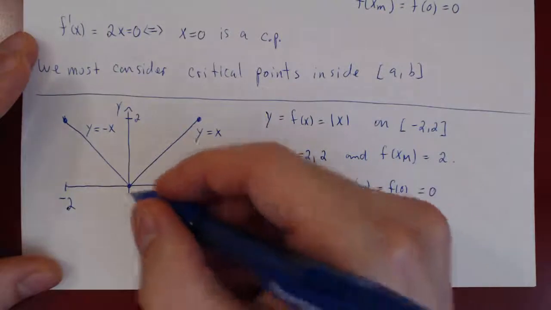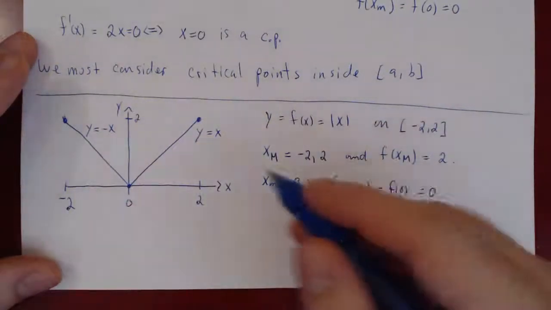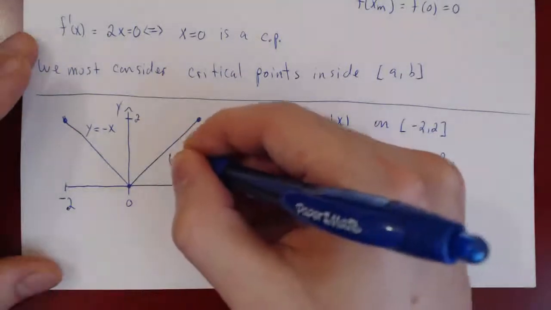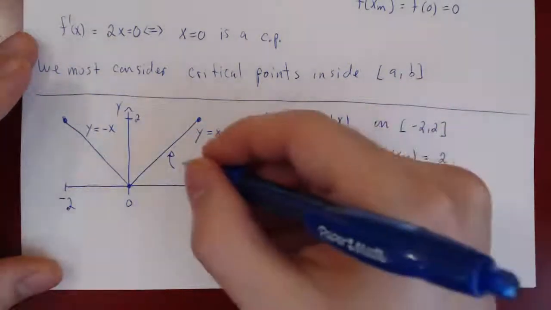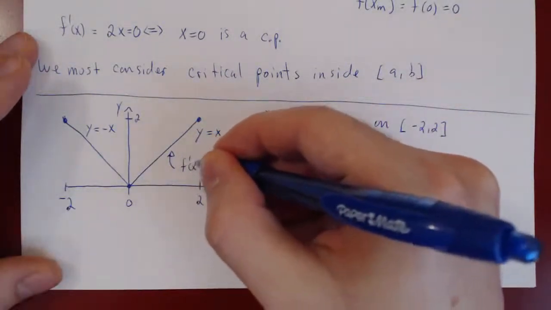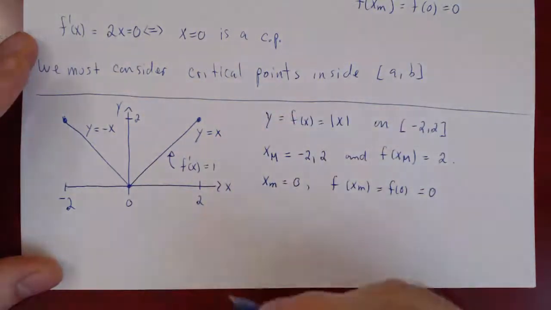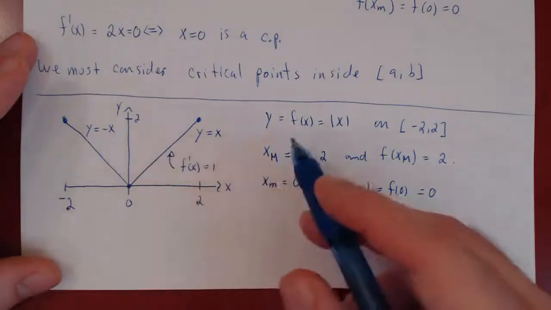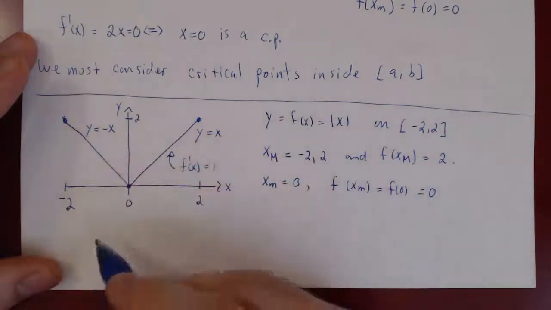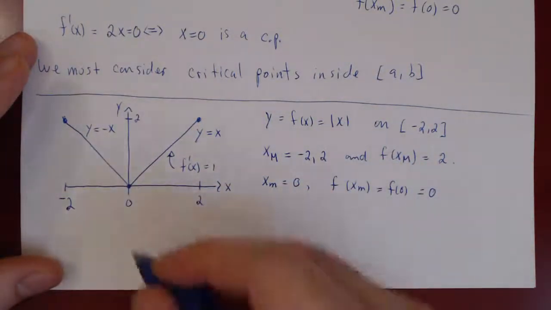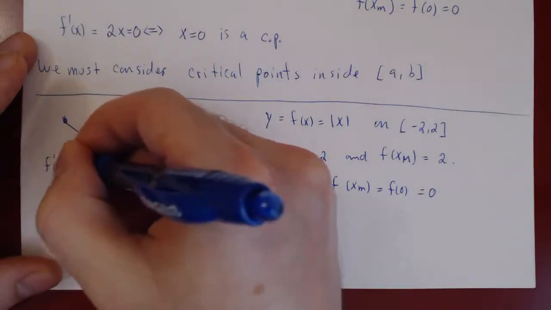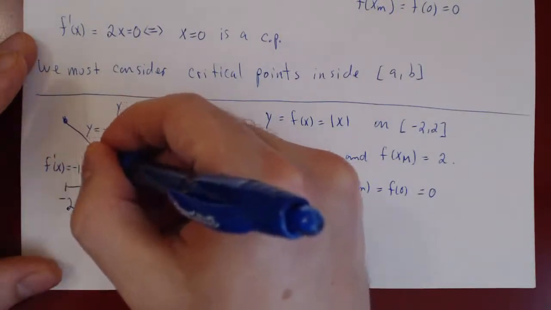Therefore, on the right of 0, the derivative is equal to 1. So f prime of x is equal to 1 for positive values of x. So we have a slope of 1 always. On the left now, the function is -x, therefore the derivative is -1, for -x values.